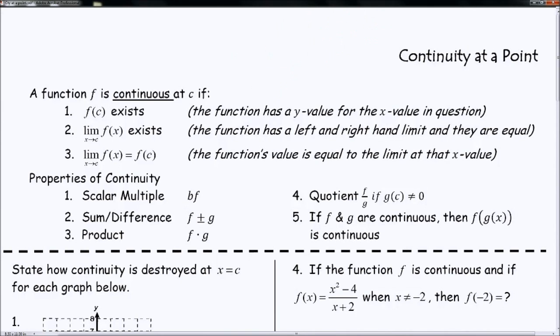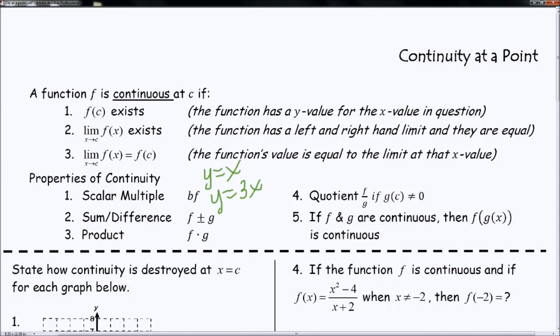Some properties for continuity: if I have a continuous function, let's say f of x is equal to x, so here y is equal to x, then if I multiply it by any constant number, such as 3, that's also going to be continuous.